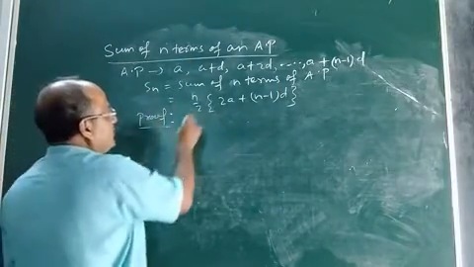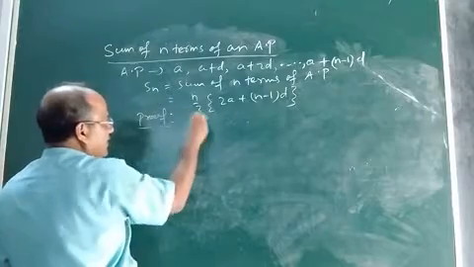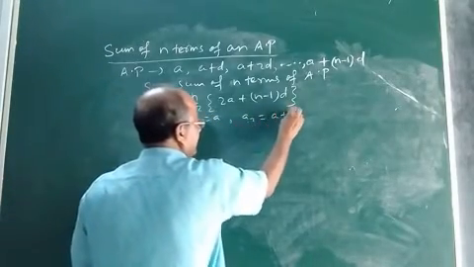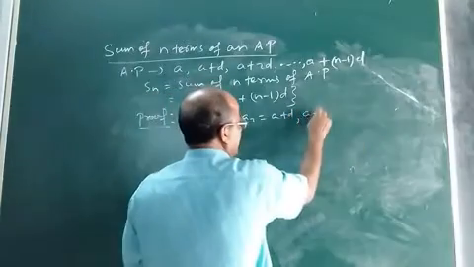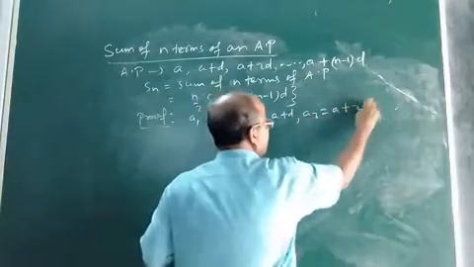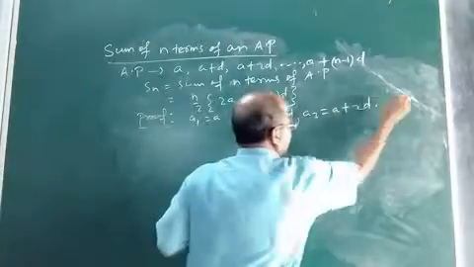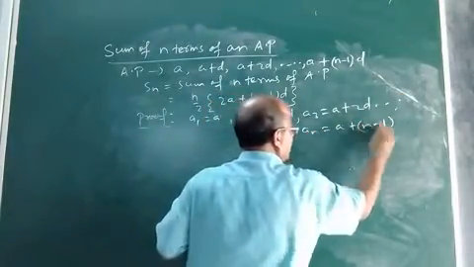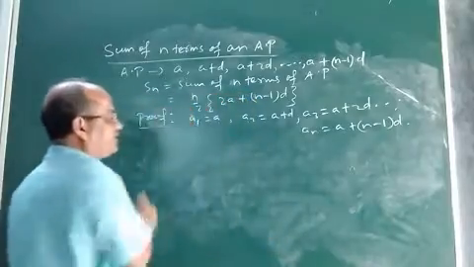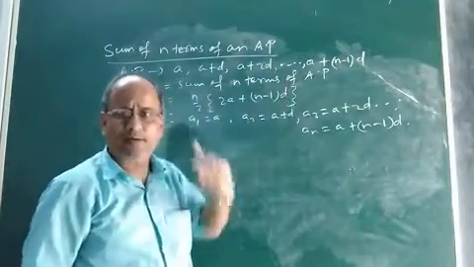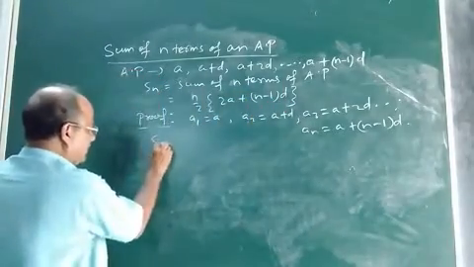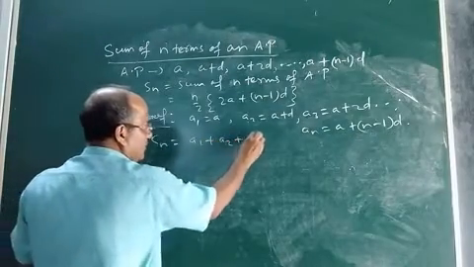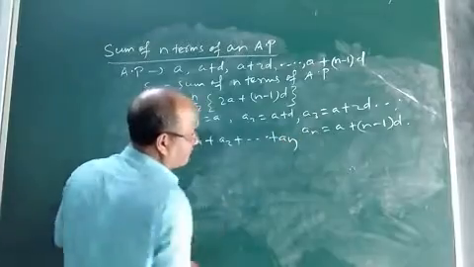Now see, in order to prove it, this is the first term, a1 is a. What is the second term? The second term, a2, is a plus d. The third term, a3, is a plus 2d. Then like this, what is the nth term? It is a plus n minus 1 into d. Now clearly, Sn is the sum of n terms, that means Sn will be equal to a1 plus a2 plus up to an.